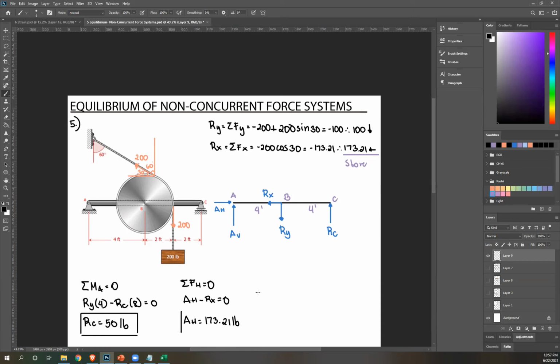And we're not done. Then solve for AV. Positive AV minus Ry plus Rc equals 0. Please solve what's AV.